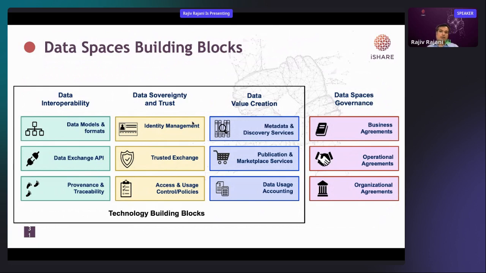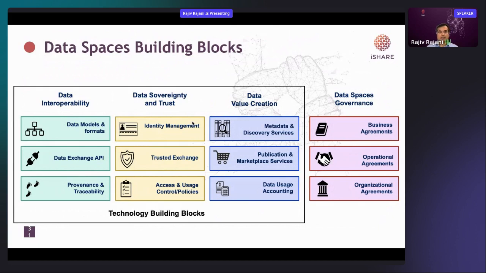The third vertical is data value creation, which is about creating value out of the data that you have. How do you expose the data such that it is searchable and findable by other organizations, so that they can find what data sets you have, and because of their interest you are able to create value out of that data?